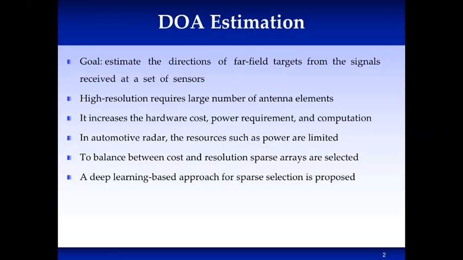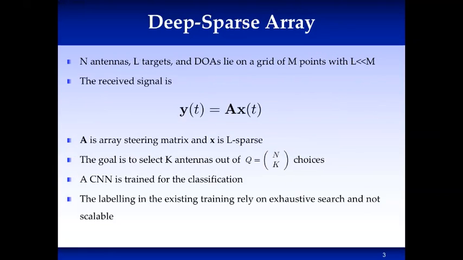Recently, we proposed a deep learning-based approach for the sparse array selection problem. In the deep sparse array method, we assume that there are n antenna elements with L targets, and DOAs lie on a grid of m points.